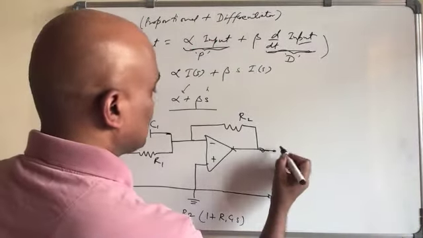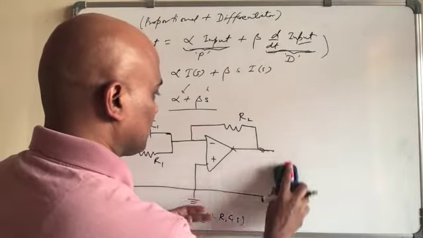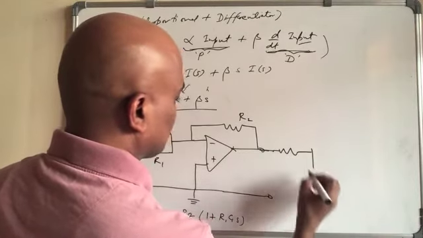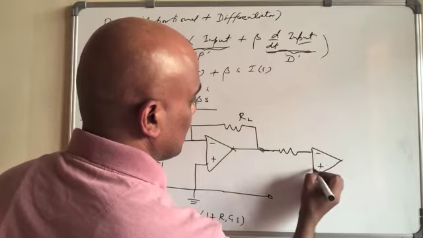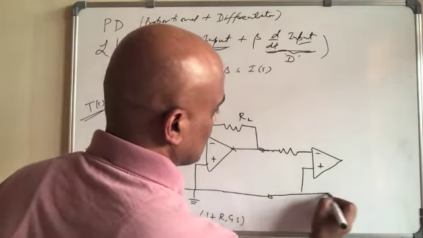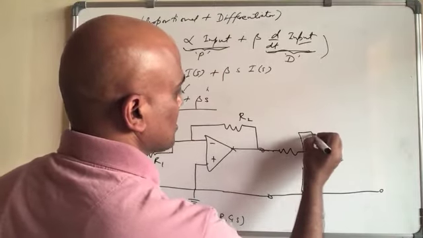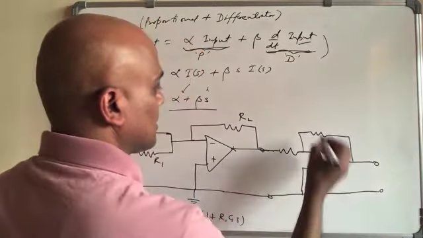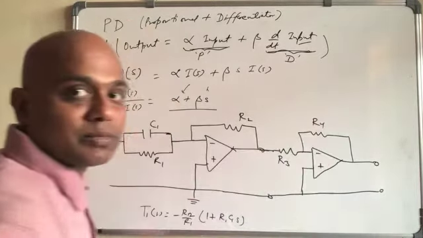We can have it like this, this is R3, this is R4.